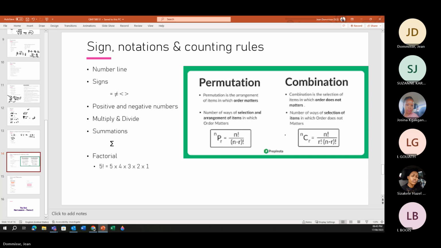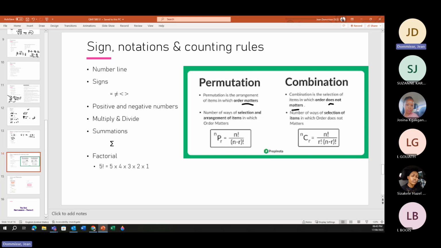The difference between the two is that in a permutation order matters, whereas in a combination order does not matter.